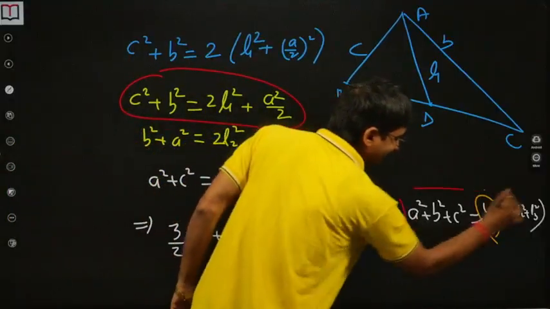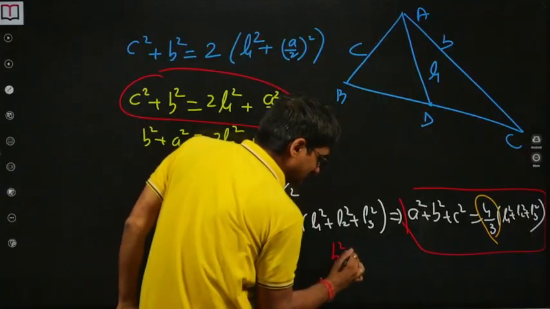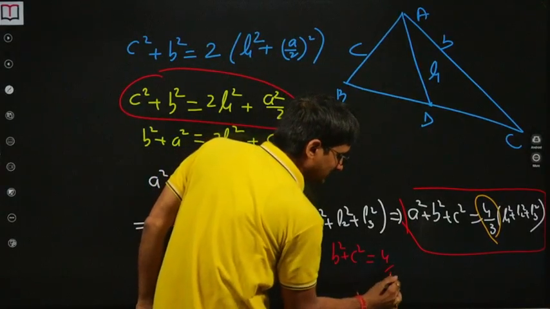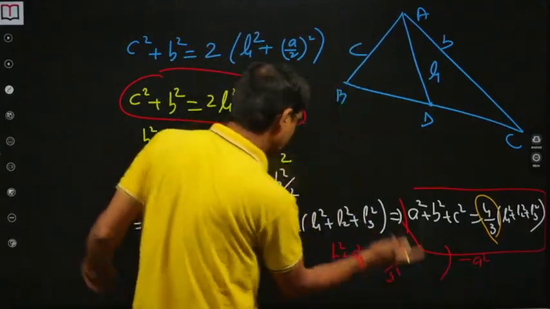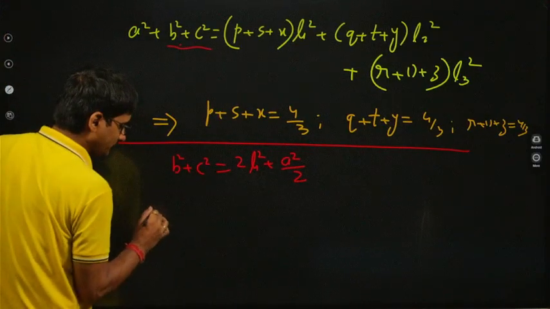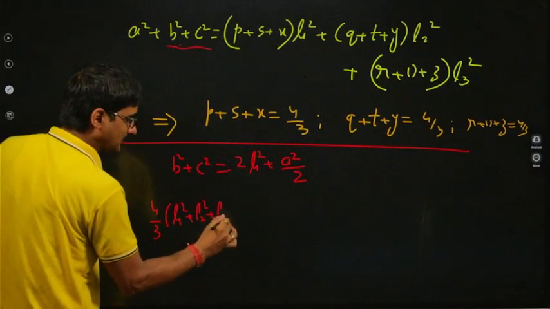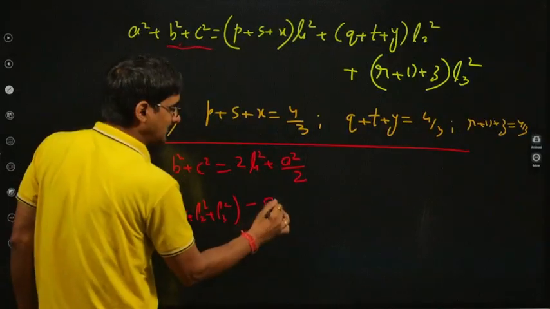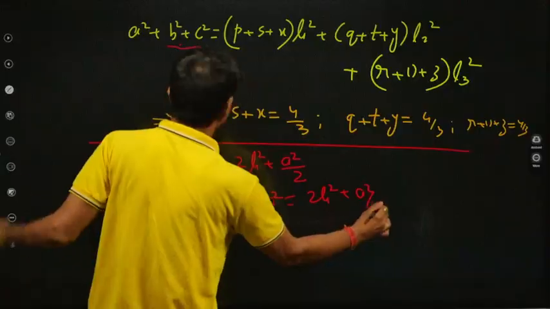We have B square plus C square from here, which is 4 by 3 times the sum of the squares of all the medians minus A square. Just put that value here. So it is 4 by 3 times L1 square plus L2 square plus L3 square minus A square is equal to 2L1 square plus A square by 2.